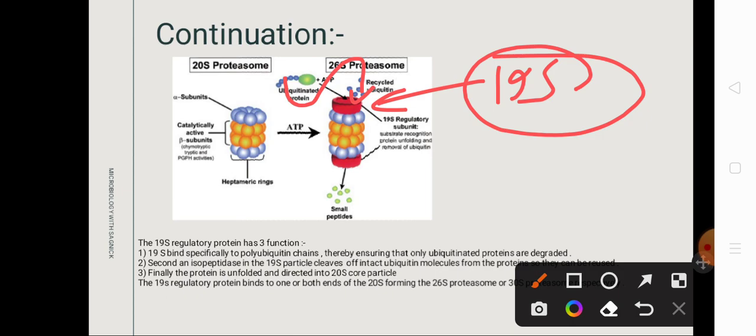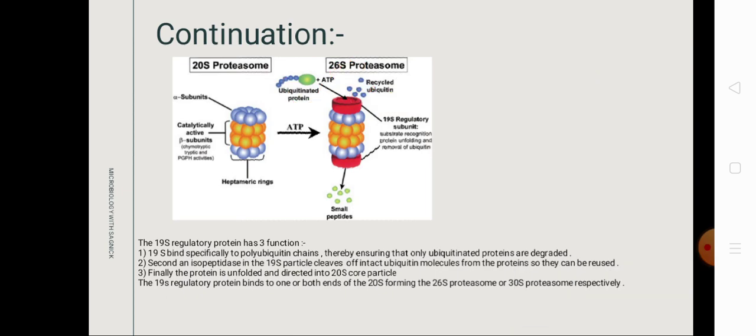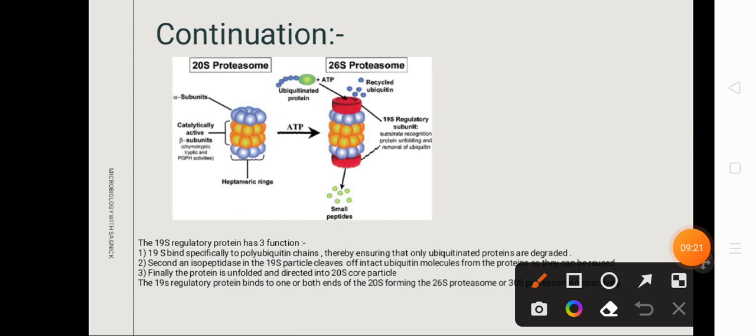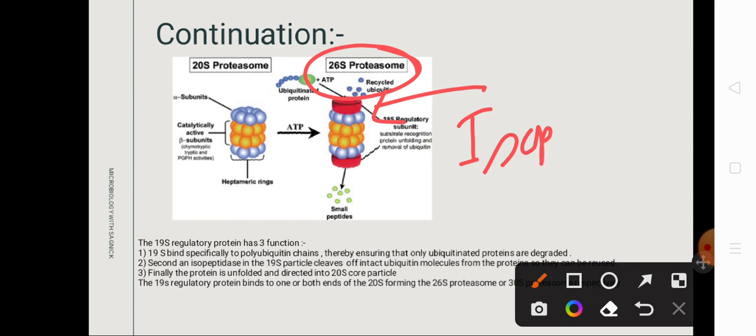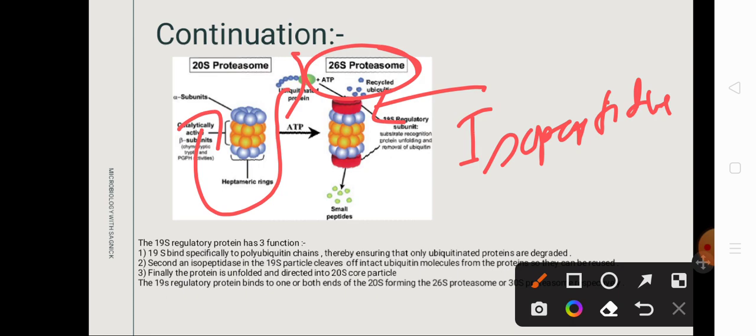Not only that, but in this 19S subunit of the 26S proteasome there is also the presence of isopeptidase, and this isopeptidase is going to cleave this ubiquitin chain so that it can be reused for some other proteins.